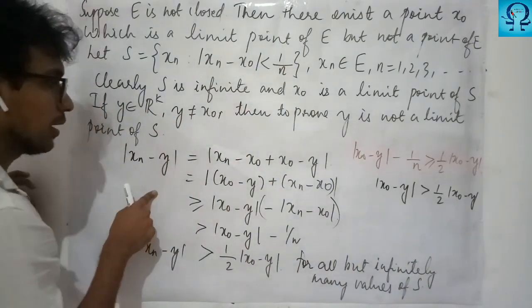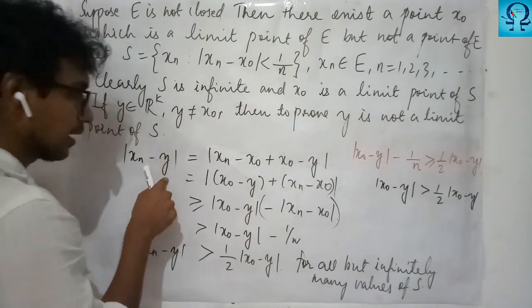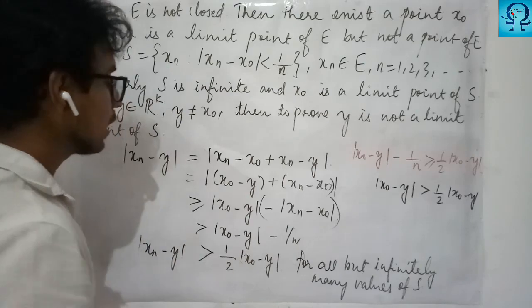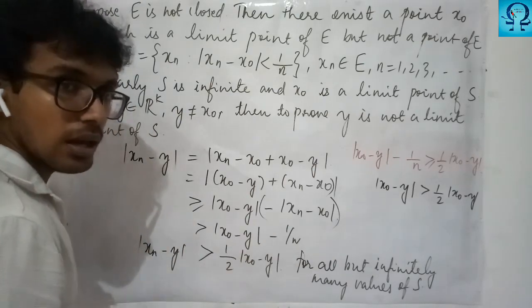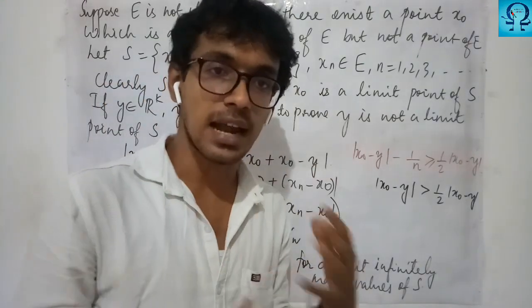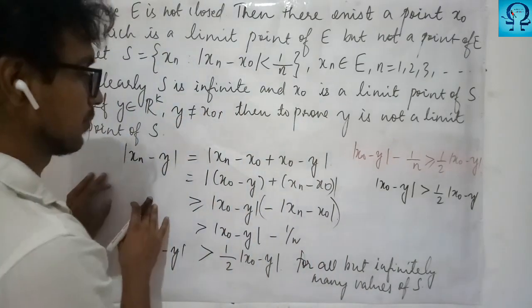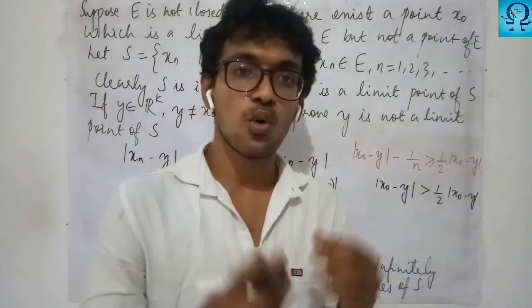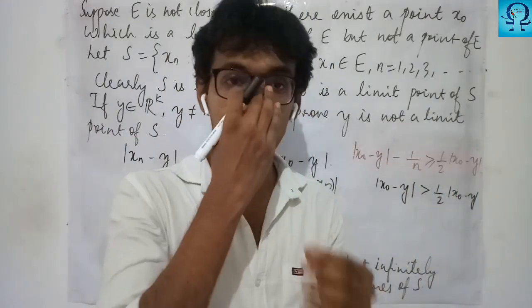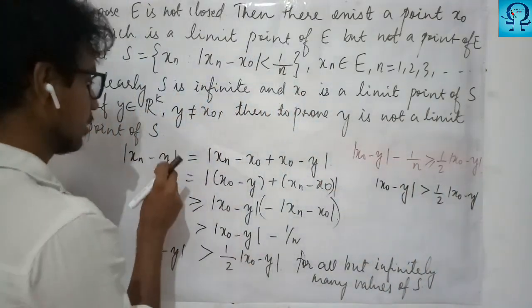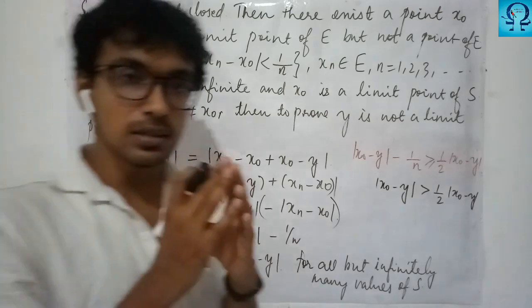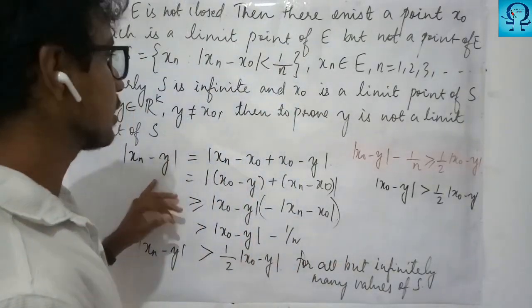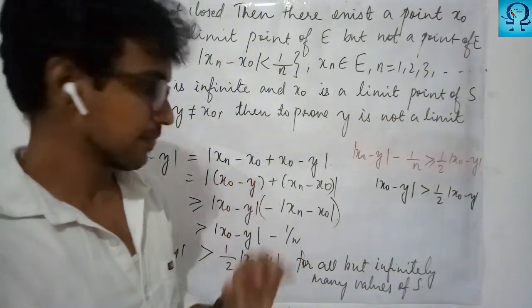Here what we have actually done, we are trying to find out the neighborhood. Okay, how many points are satisfying this condition? Okay, here it is becoming large, which means what? Only the finite values are going to be present in the neighborhood of this y, which in turn gives you that this y is not a limit point of s.